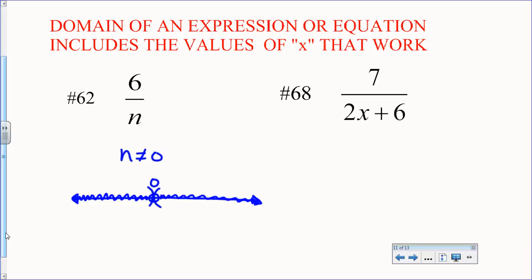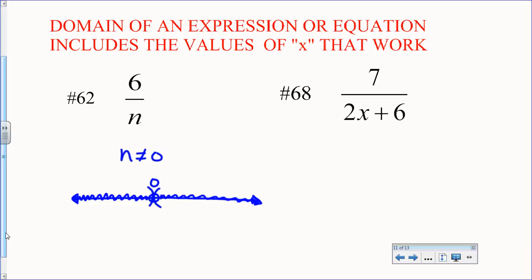So what we're saying is that from negative infinity all the way up to 0, but not including it, those values are good. And then starting back at 0, but not including it, all the way up to positive infinity, those numbers are good. So domain, we're going to write with an interval, using interval notation.